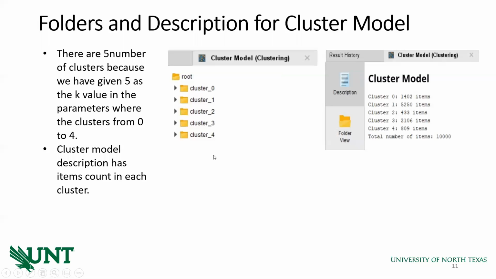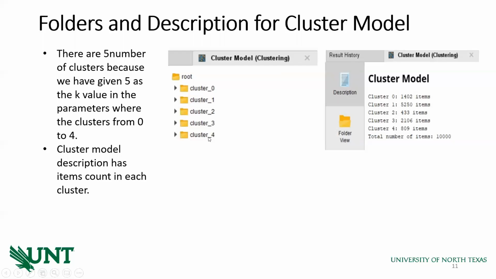Folders and description for the cluster model. Here I have given the k value as 5. In parameters, the cluster starts from 0, so including 0, we get 5 clusters here. Since we have given 5, it starts from 0 to 4.